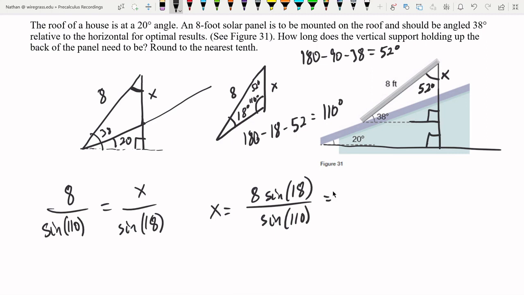Okay, plugging that in, gives me 2.63 feet. So that's how tall the support needs to be to get the correct angle of 18 degrees off of the roof for this scenario.